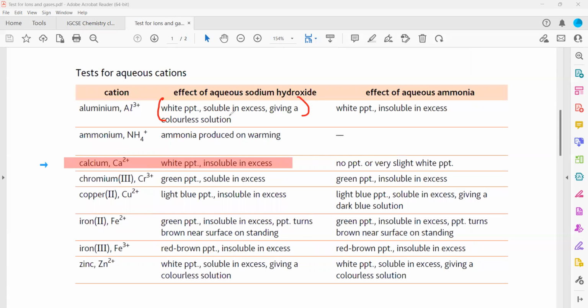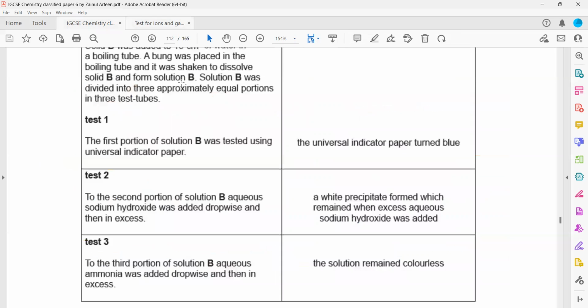Aluminium also gives white PPT, but it dissolves in excess. Zinc also gives white precipitate, but it also dissolves in excess. So it cannot be zinc or aluminium. So we are left with only calcium. Other precipitates are colored. So this test confirmed that there is a calcium ion.